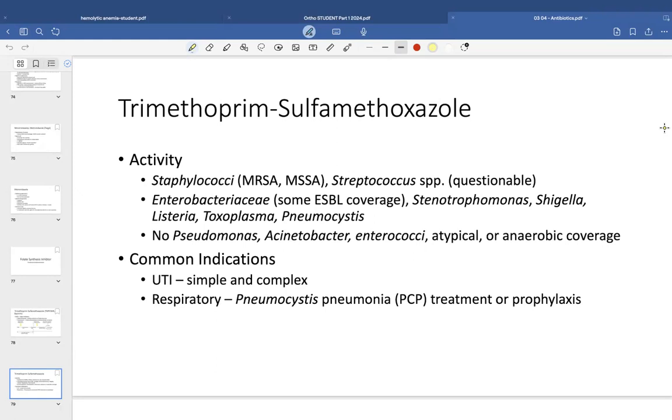You know, the complicated UTIs, those without sulfa allergy, that could be your place, and the rest of the infections, again, sulfa allergy is. HIV infections, but this is one of our key drugs we use for.